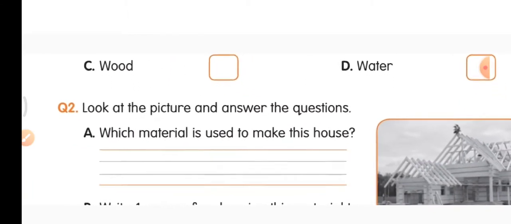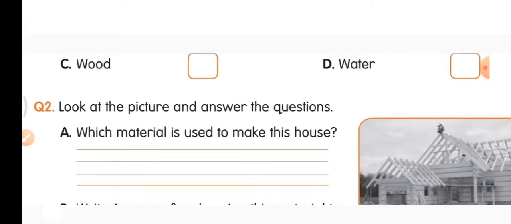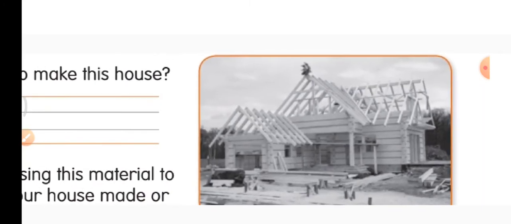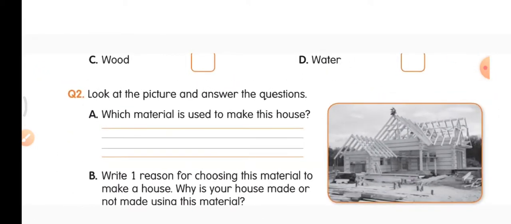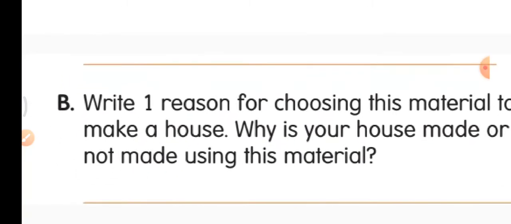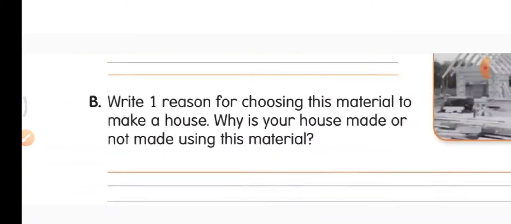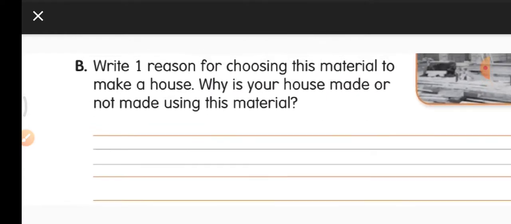Second question, look at the picture and answer the questions. Okay, this is the picture. Observe carefully. Wood is used, right, for the walls and the roof. Now, which material is used to make this house? Wood, right? W-O-O-D, wood. Next, write one reason for choosing this material to make a house.